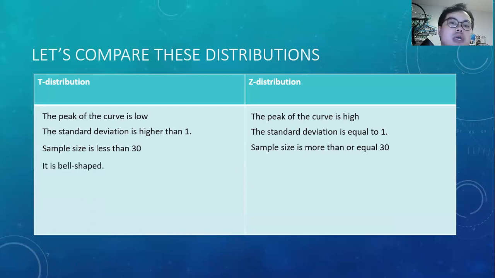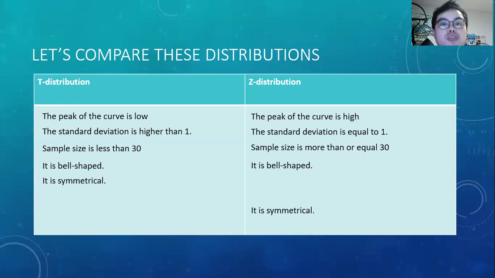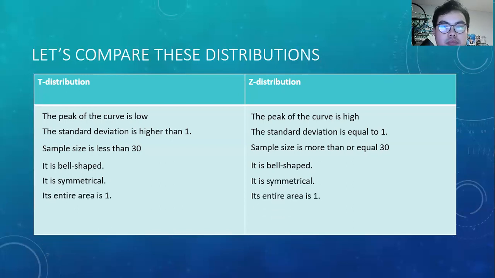The t-distribution and z-distribution are both bell-shaped curves. Then they're also both symmetrical. Its entire area is one, which applies to both of the distributions.